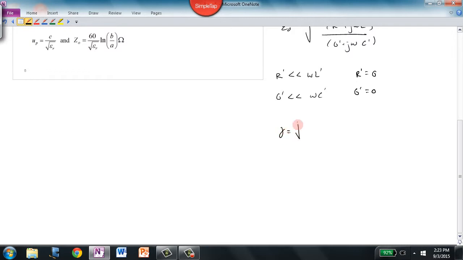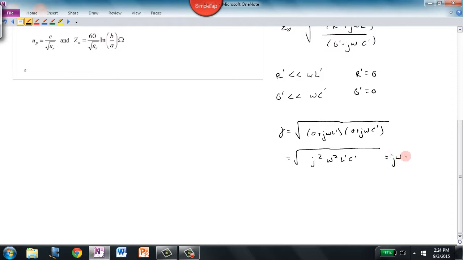Gamma is going to be equal to the square root of 0 plus j omega L prime times 0 plus j omega C prime, which is going to be equal to the square root of j squared omega squared L prime C prime, which is just equal to j omega times the square root of L prime C prime.